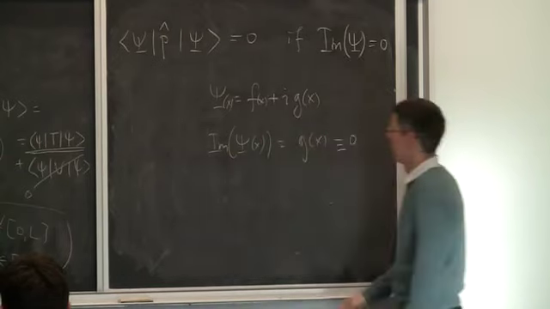And then we get I equals minus I. The only real number that satisfies this condition is 0, if a number equals minus itself. So this is 0, and that concludes the proof that any real function will have average momentum equal to 0, including, of course, the particle in the box.